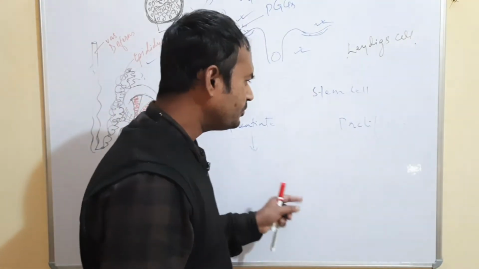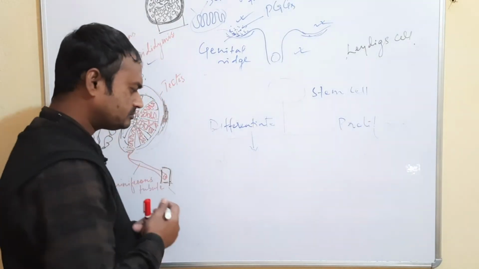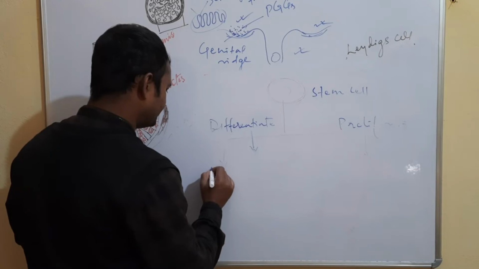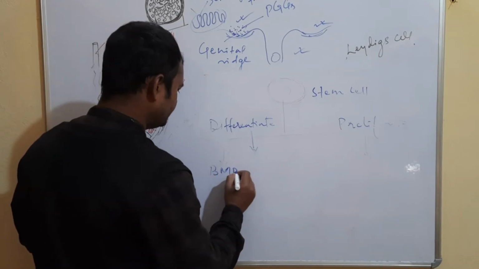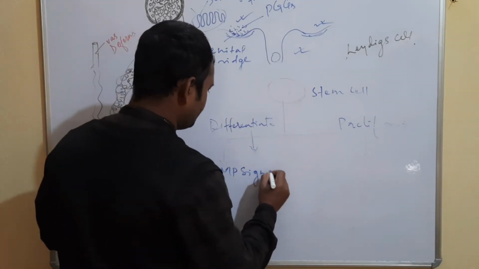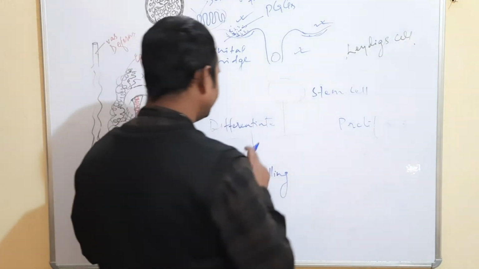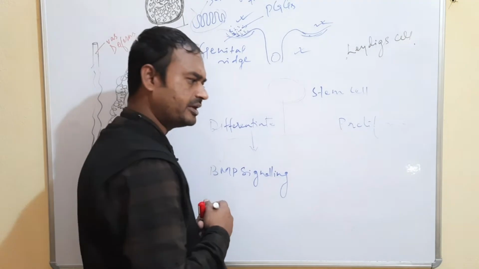So we have two types of signaling. The first one is BMP signaling, and this will lead to the differentiation of the stem cells.